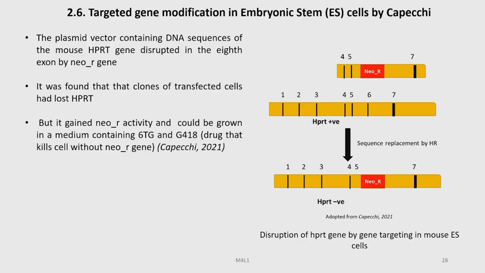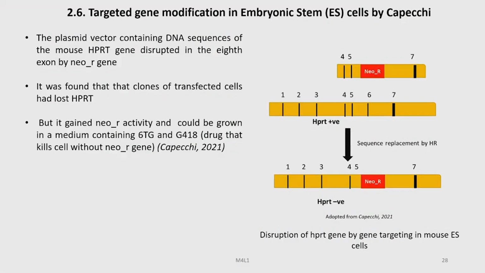The plasmid vector contains DNA sequences of the mouse HPRT gene disrupted in the 8th exon by the neo-R gene. It was found that clones of transfected cells had lost HPRT but gained neo-R activity and could be grown in a medium containing 6-TG and G418, a drug that kills cells without the neomycin resistance gene.